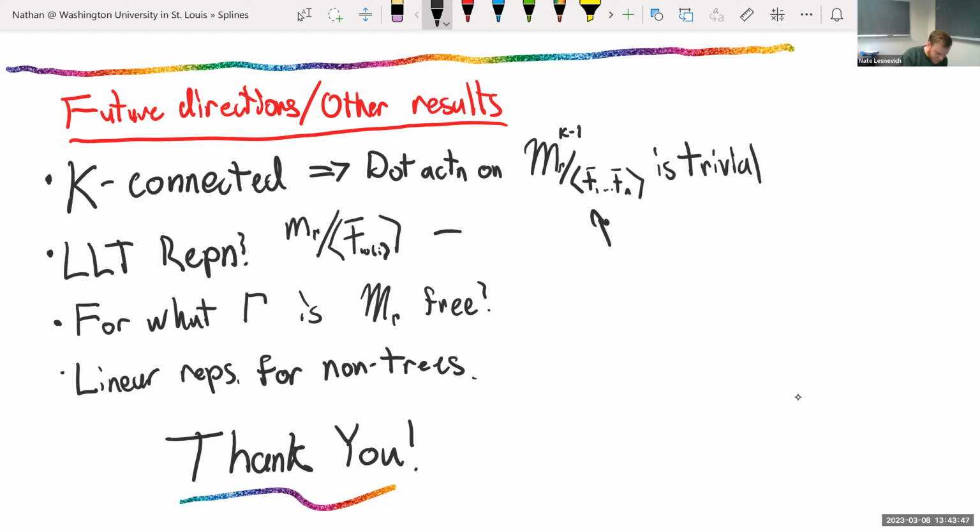If you're very, very familiar with the Stanley-Stembridge side of things, there is an LLT representation side of all of this, where I'm just going to quotient out by a different maximal ideal. Maybe I call the first one the left ideal and the second one the right ideal.